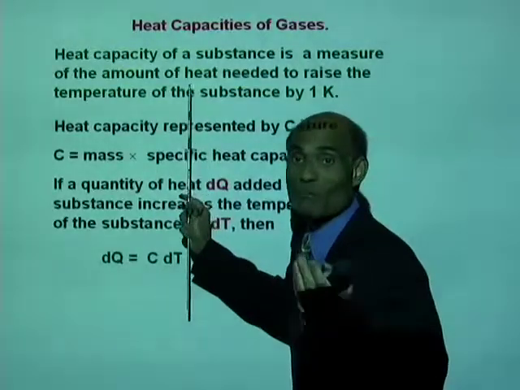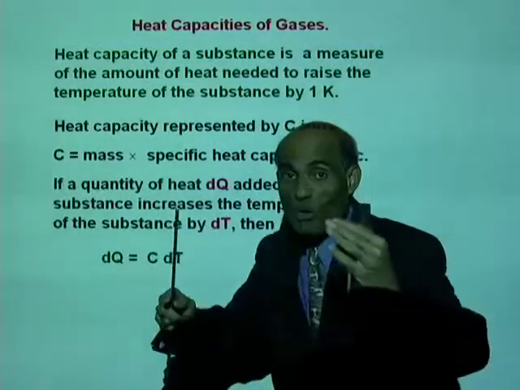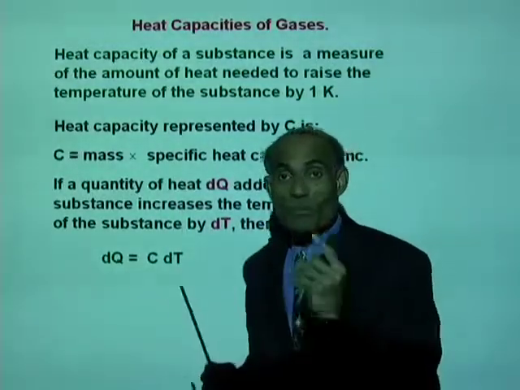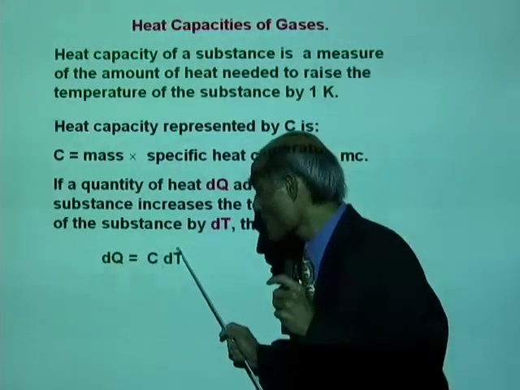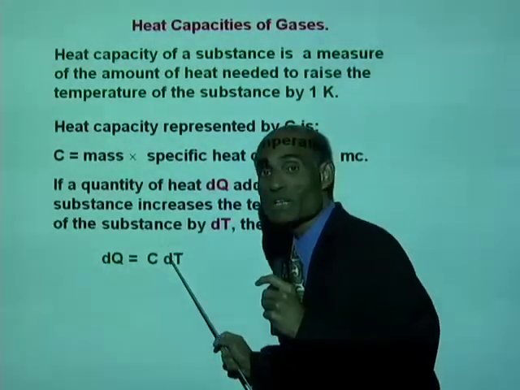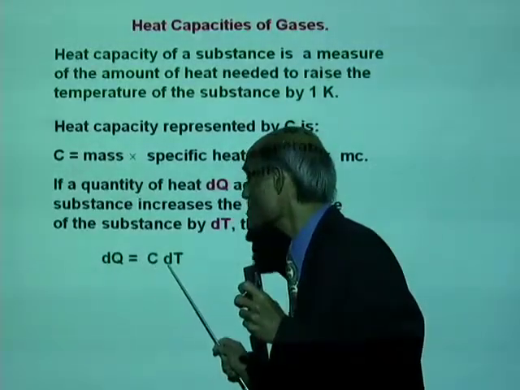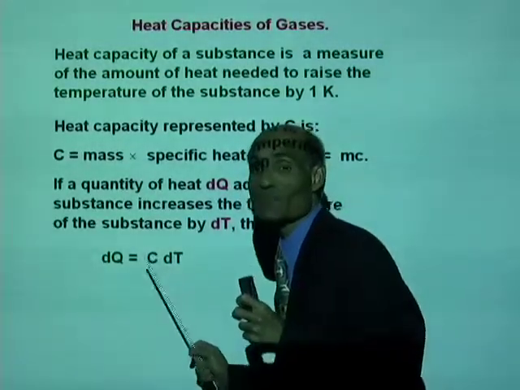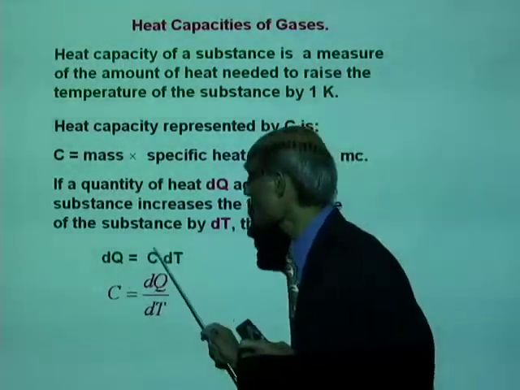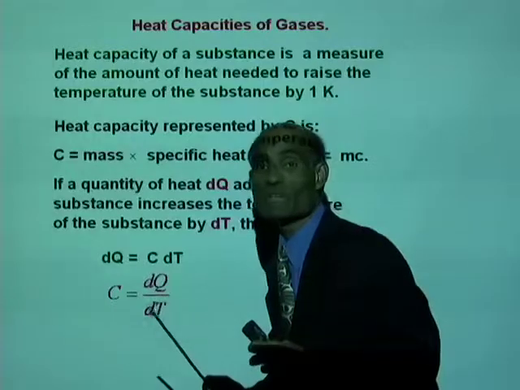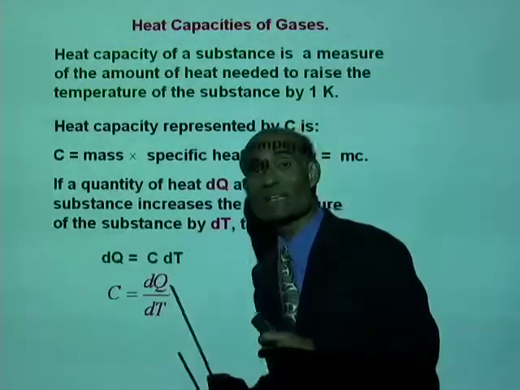It's a measure of the amount of heat needed to raise the temperature of the whole object by 1 Kelvin. So if you want to raise the temperature by a quantity dt, the quantity of heat you require is C times dt, heat capacity times dt. Or we can write this as C, the heat capacity, is dq over dt.